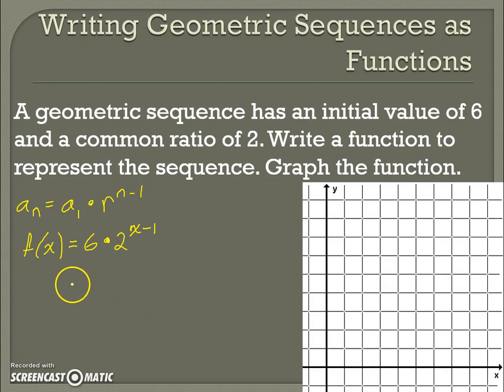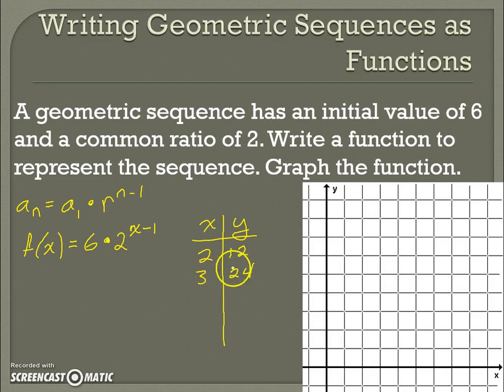And then to figure out the graph itself, we'll make a real quick table here. So I have x and y, and we'll put in a couple of values. Let's start with when x is 2. If I substitute 2 in there, I get 12. If I substitute 3 in, I get 24.